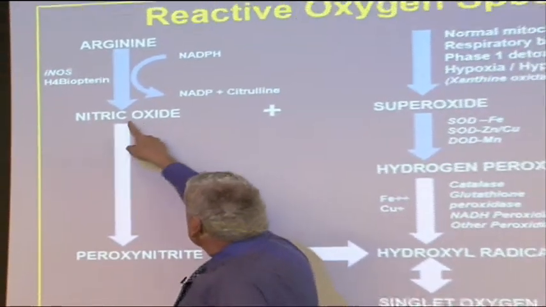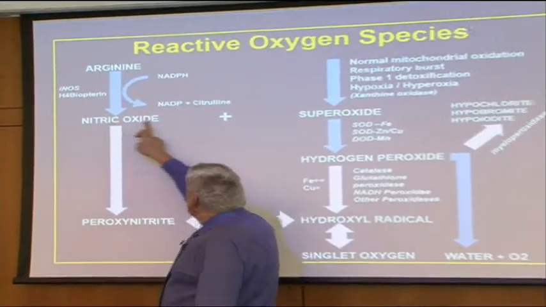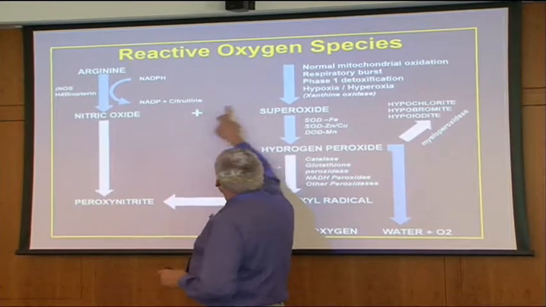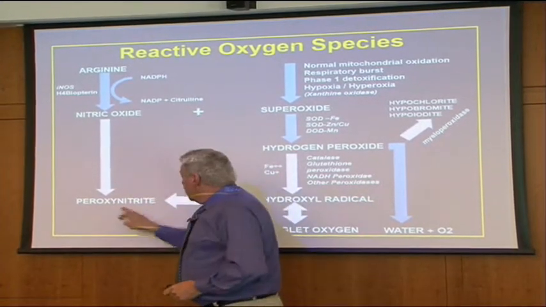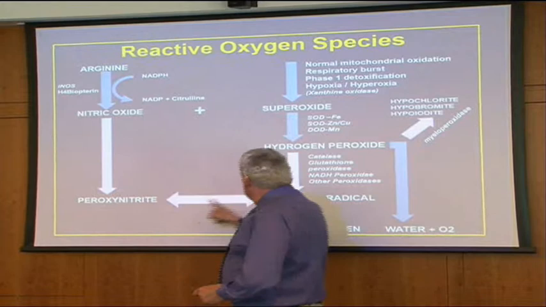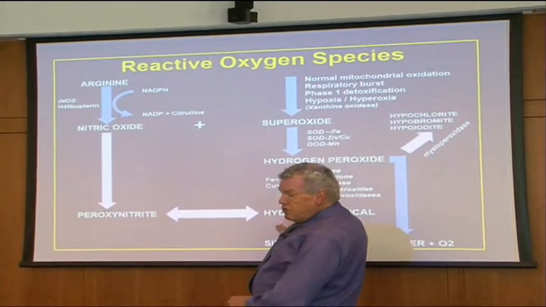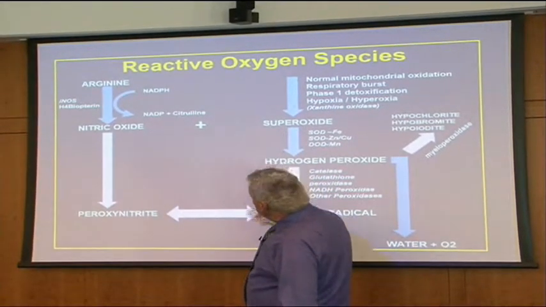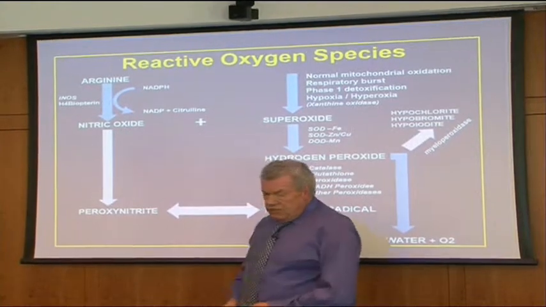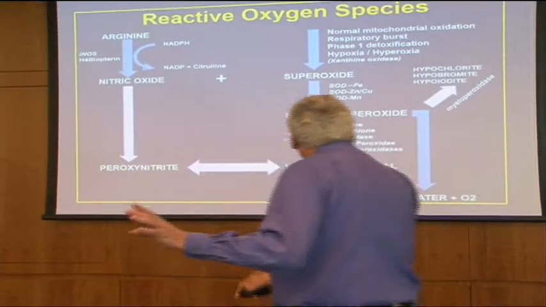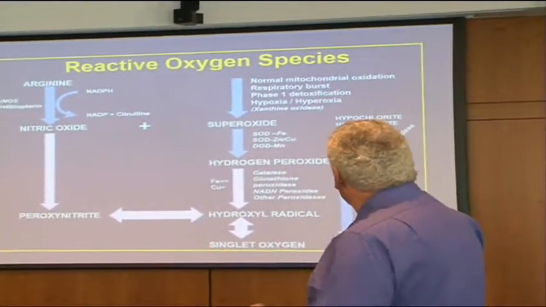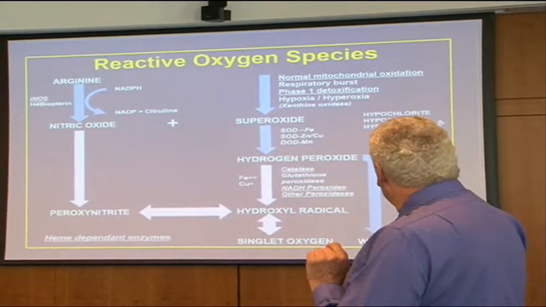Okay? So this goes on to make nitric oxide. Nitric oxide will combine non-enzymatically with superoxide to produce peroxynitrite, which interchanges with hydroxyl radical. So you see the two, reactive nitrogen and reactive oxygen species, are linked. Now, all very interesting, all very complex, but there's a link here.